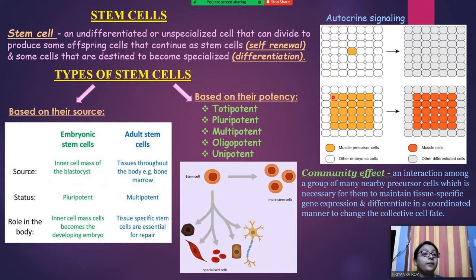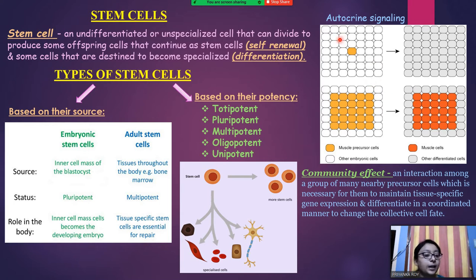Alternatively, when you see that there are a lot of muscle precursor cells, and these white cells are some other cells, after differentiation all these precursor cells have become muscle cells, but these other embryonic cells have become some other differentiated cells. So what is the difference between these two pictures?